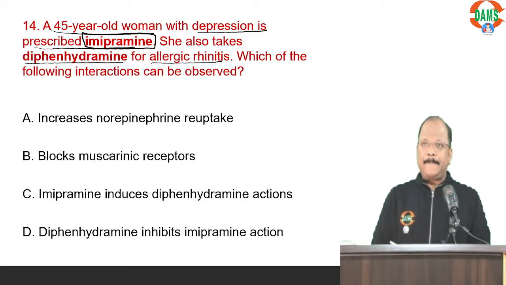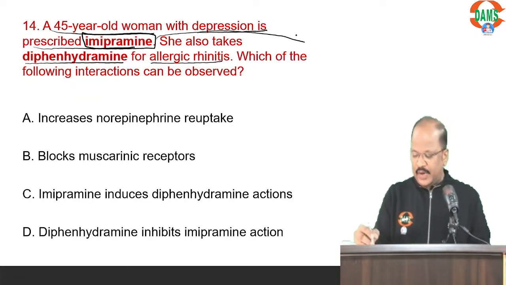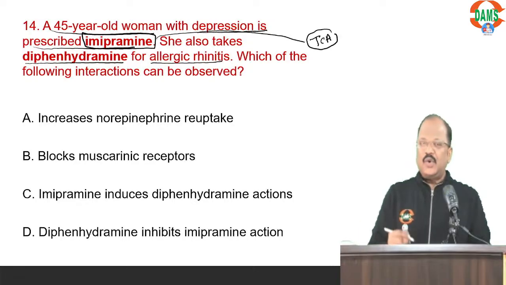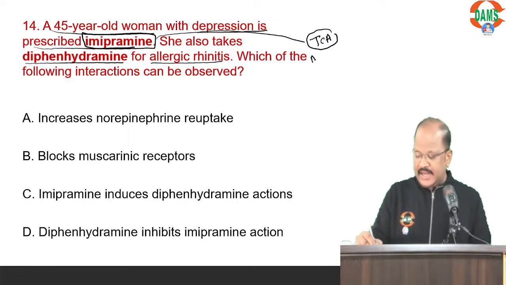Increasing norepinephrine, come on. Before going to the options, let me discuss some fundamentals. Imipramine is one of the tricyclic antidepressants. The common mechanism of action of most tricyclic antidepressants is inhibiting reuptake of norepinephrine and serotonin.